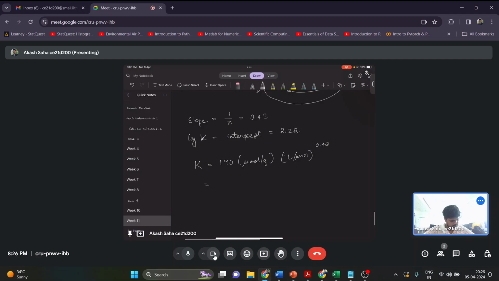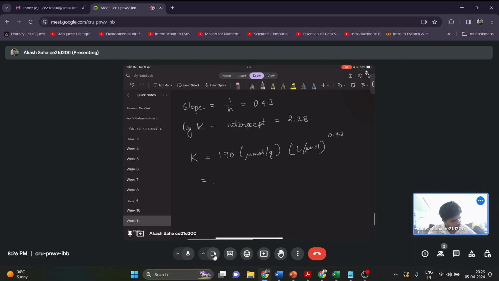So I can write it as 190 mu mole per gram into 131.39 mu gram per mu mole into 1 milligram per 1000 microgram into, so these units are a bit complex, so just make sure that you're writing the correct conversions.